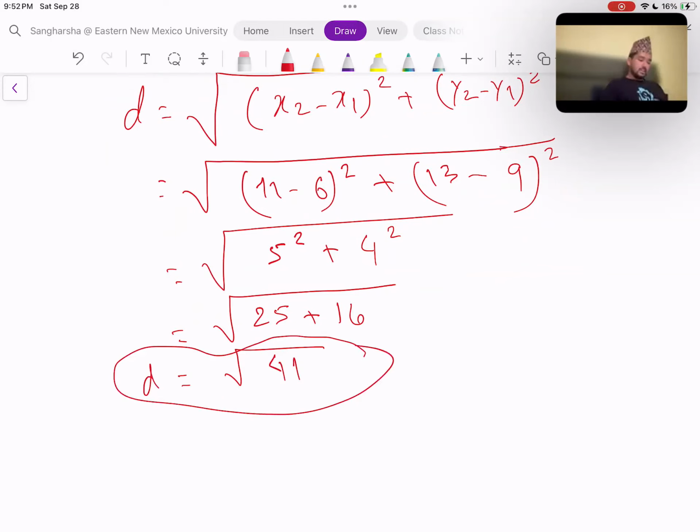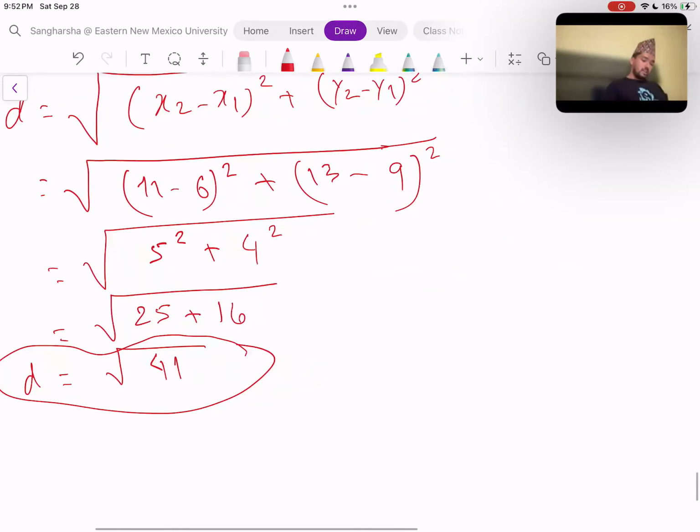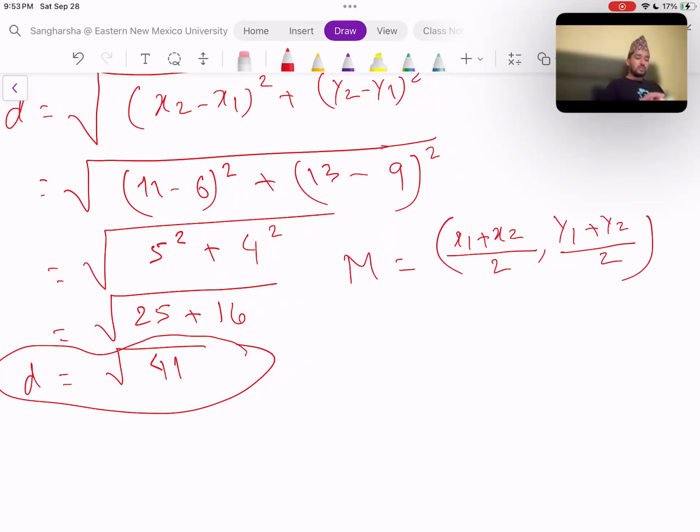Okay, does anyone have a question here? Okay, now let's find the midpoint. Our midpoint M is (x1 plus x2) divided by 2, (y1 plus y2) divided by 2. Now you substitute.